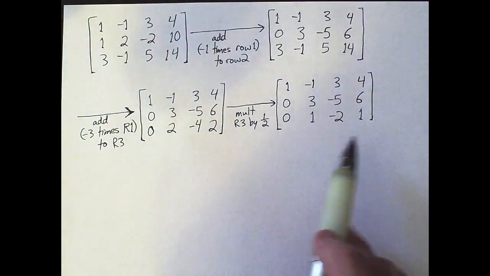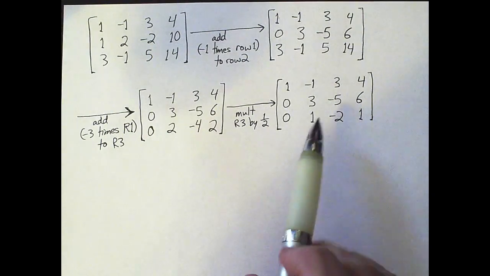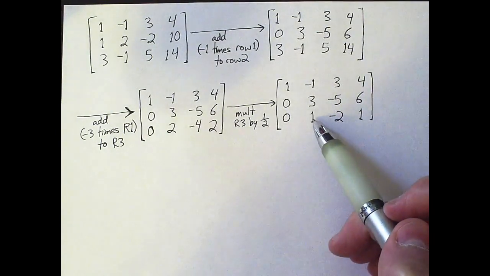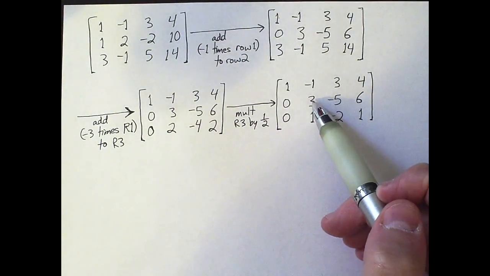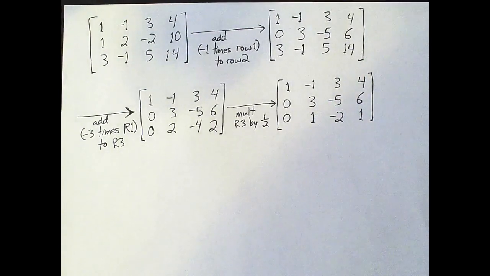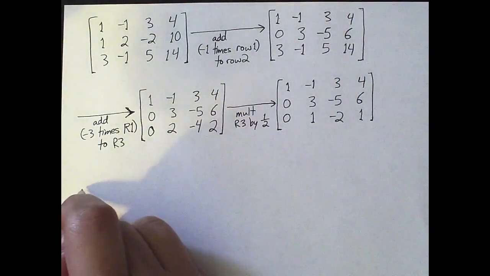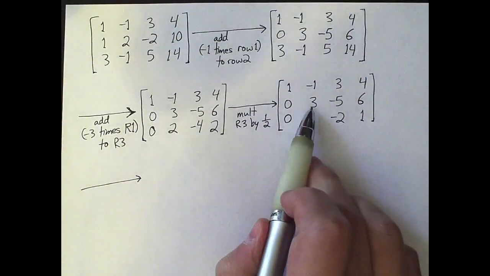And there is another way that I could do this. What if, instead of getting rid of this 1, we get rid of this 3, turn this into a 0, and then just interchange rows afterwards? That would also get triangular form. So I'm going to work on getting rid of the 3 that's here.